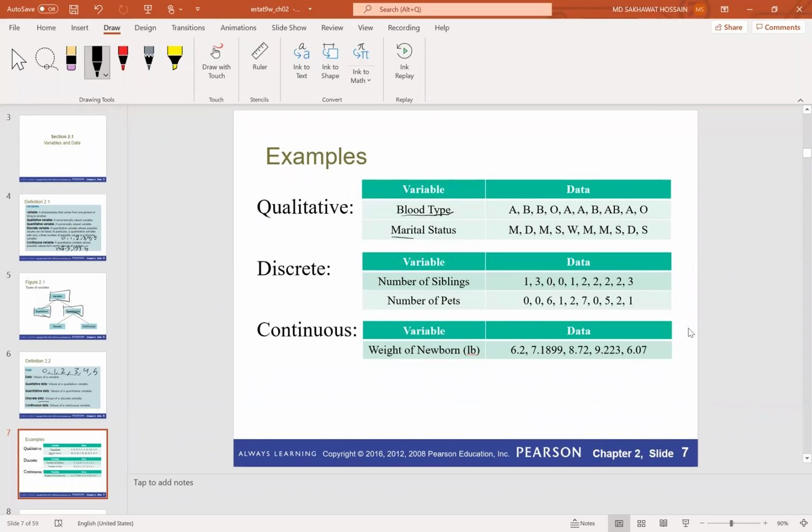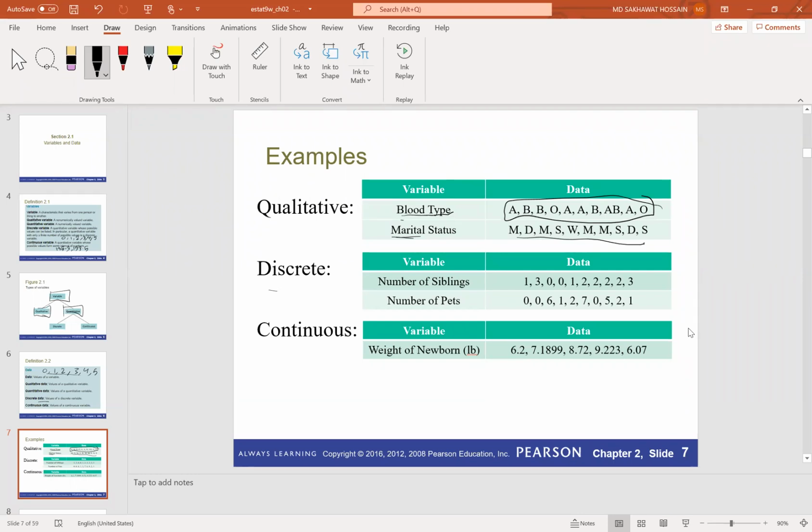The blood type for the first person is A, for the second person is B, then B, O, then A, B. These are the data we collected. These are the values of blood type, right? So this is called the data, and this is qualitative data. Marital status is also qualitative data.